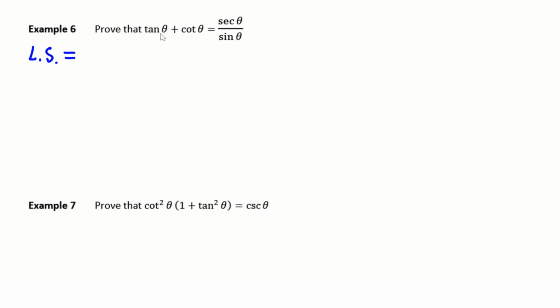So tangent theta plus cotangent theta, and this one we have 4 ratios. We don't want to deal with 4 ratios. We may want to change all of them to sine, cosine. So tan theta equals, using the hexagon, sine divided by cosine.